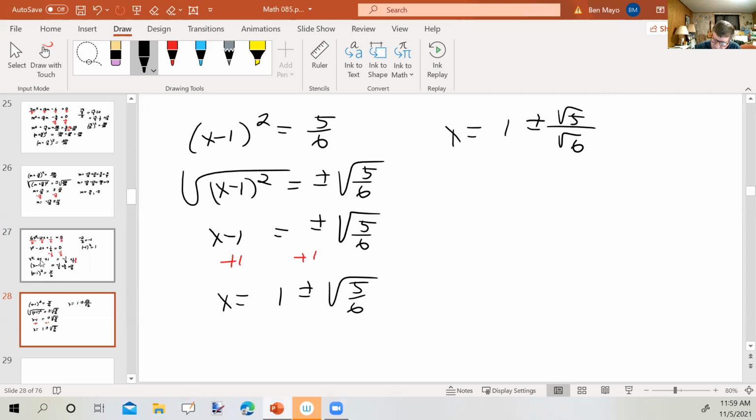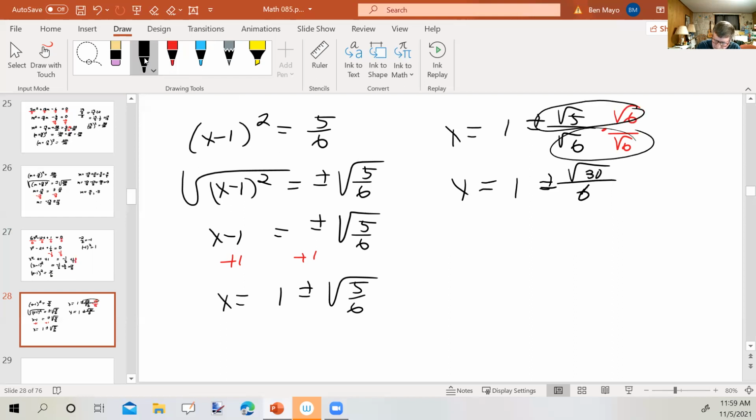So I now have an expression with an irrational denominator. I'm going to multiply this by the square root of 6 over the square root of 6. So now x equals 1 plus or minus the square root of what? 30 over 6. Okay, square root of 30 over 6.